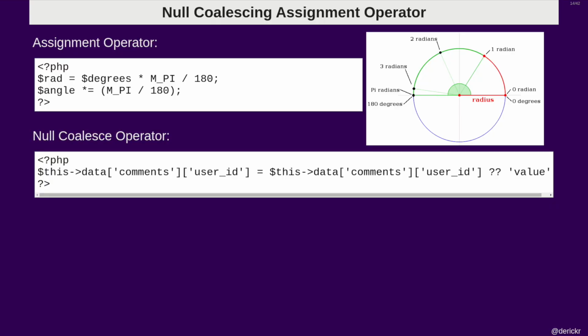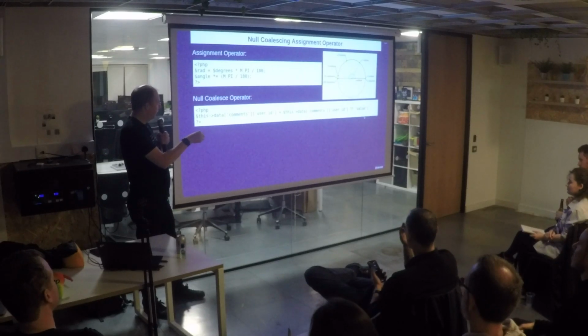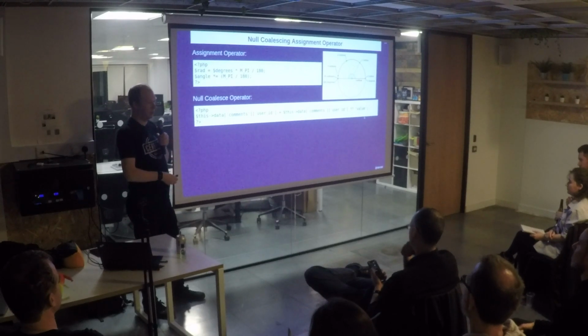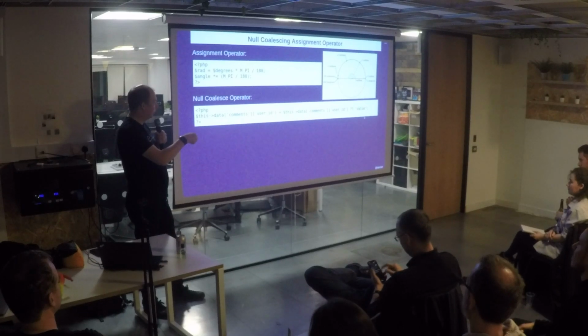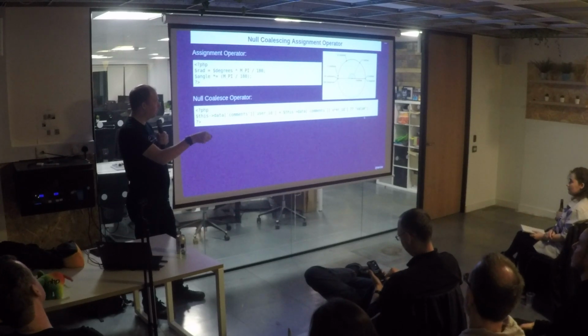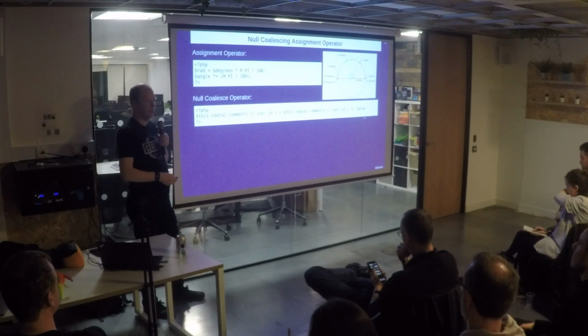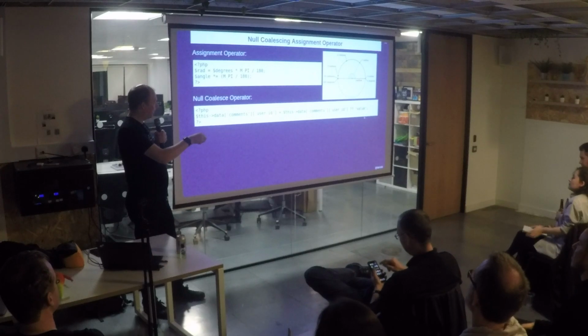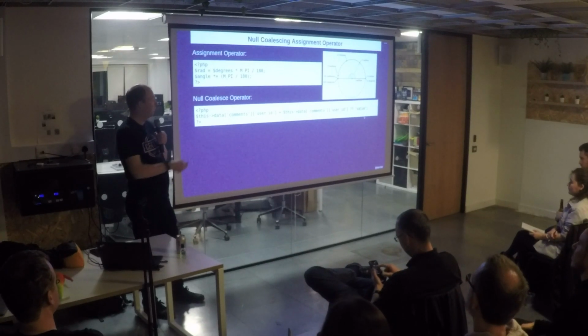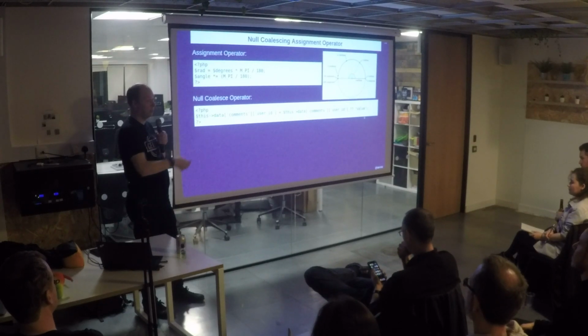In PHP 7.3 or 7.2, I can't remember which version it was introduced in, we introduced this question mark operator that basically says, we assign to this complex structure variable the value of this data comma's user ID, but if it is not set or null, we return this as a default value. But if this is really complicated, you still have to repeat that again, which you didn't have to do with multiplication here because we have this multiplication assignment operator.